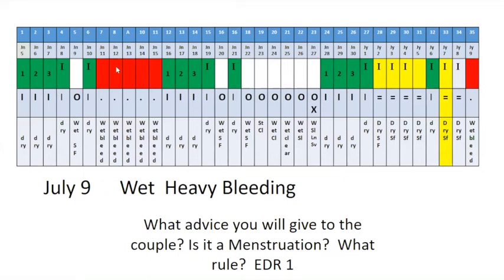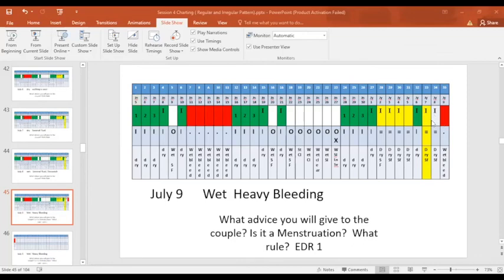Shouldn't it be colored yellow? Yes, it is colored yellow. Sorry, let us correct it now. The symbol is correct, equal, but we will correct the color now. Okay, I will make it yellow.